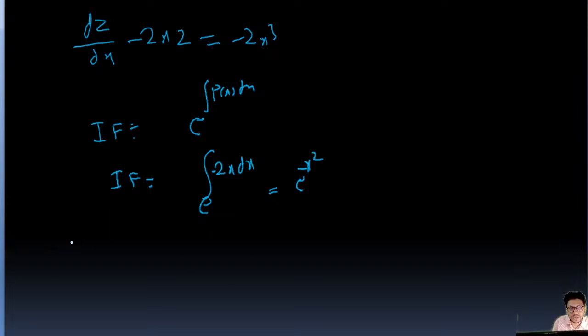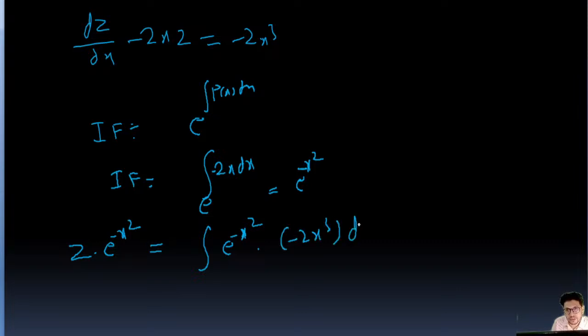And so the solution is going to be z into the integrating factor, that is e to the power minus x square. I have already explained how to find the solution and integrating factor in my previous class. So this is going to be the integrating factor e to the power minus x square into qx, which is minus 2x cube, dx plus c.